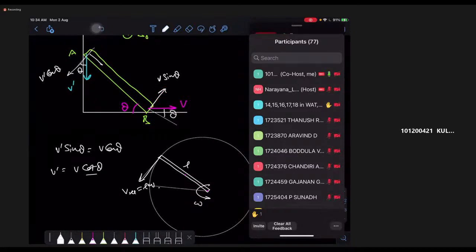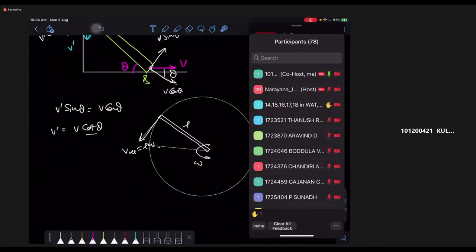Because V dash sine theta and V cos theta are equal, in the relative velocity these parallel components are equal, they don't contribute. In the relative velocity we have parallel and perpendicular, parallel is 0, only perpendicular contributes.